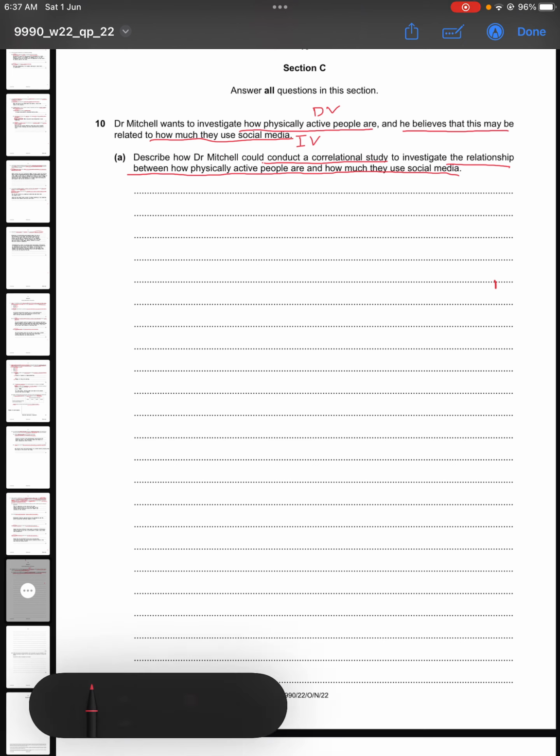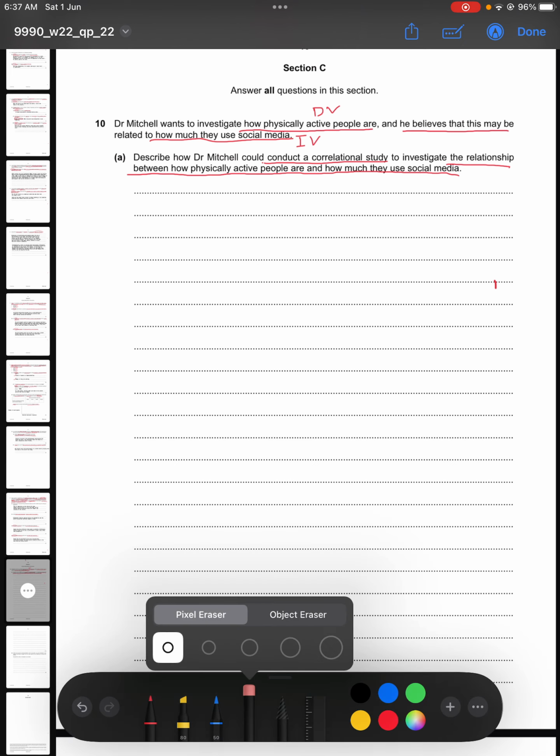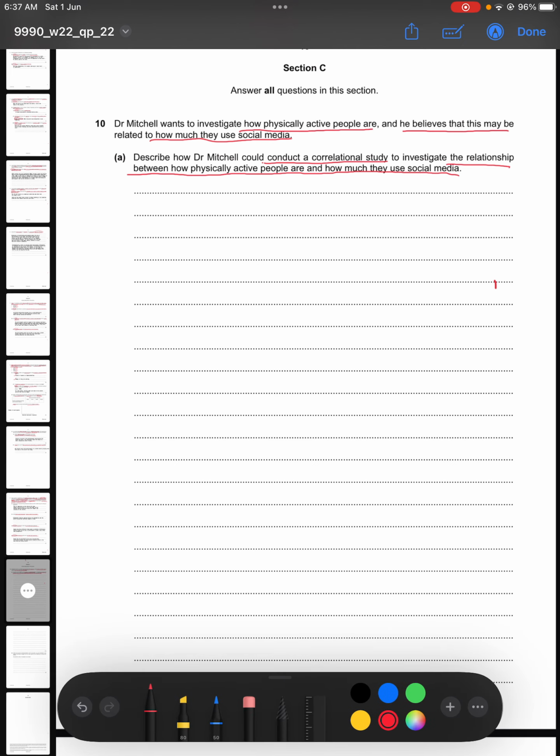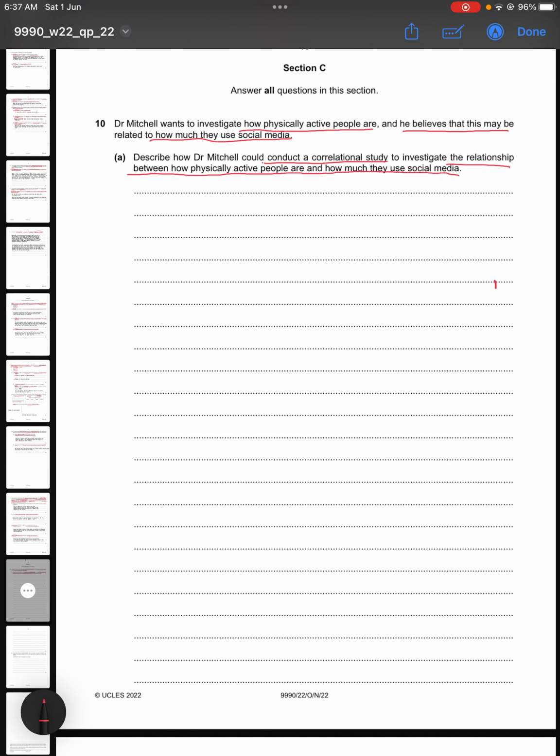Okay, so if the question says that it was a correlational study, then this study does not have independent or dependent variables. In fact, these two will become your two measured variables. So first variable is going to be how physically active people are, and second variable is going to be how much they use social media. And in a correlational study, we do not use the words independent or dependent variable.